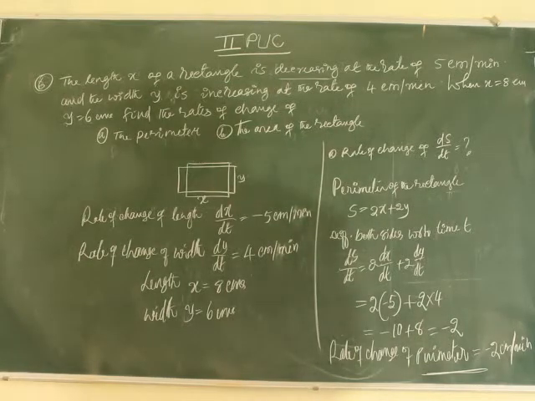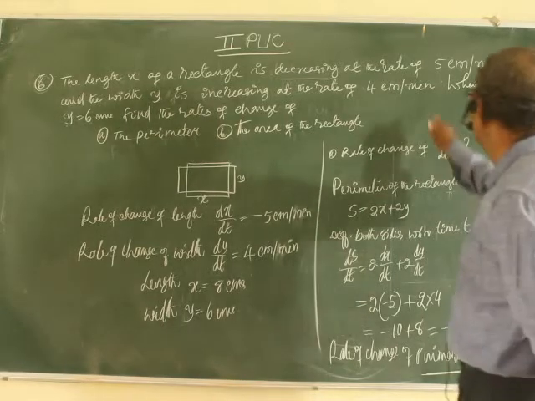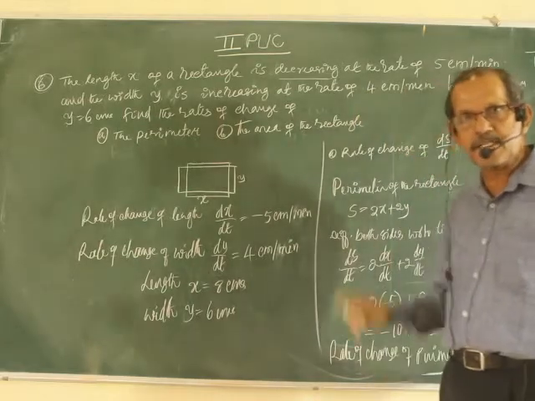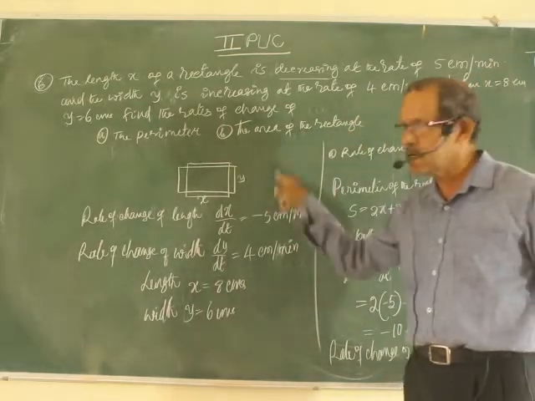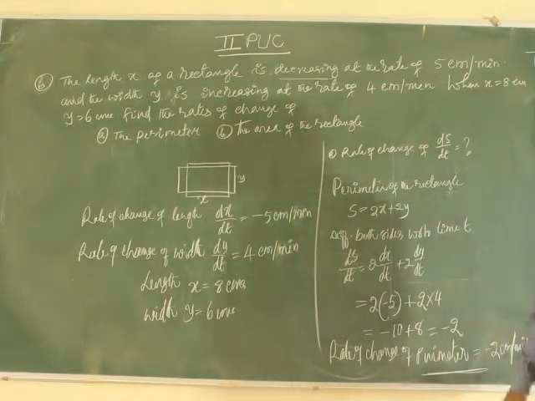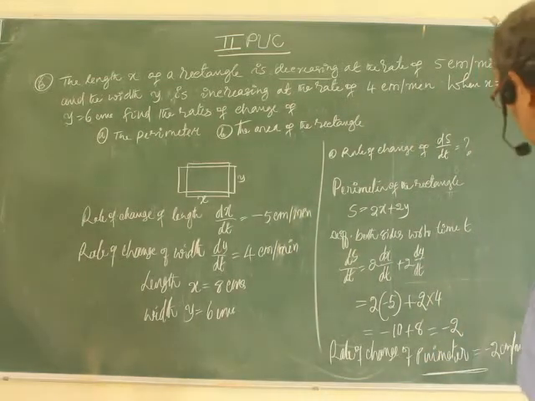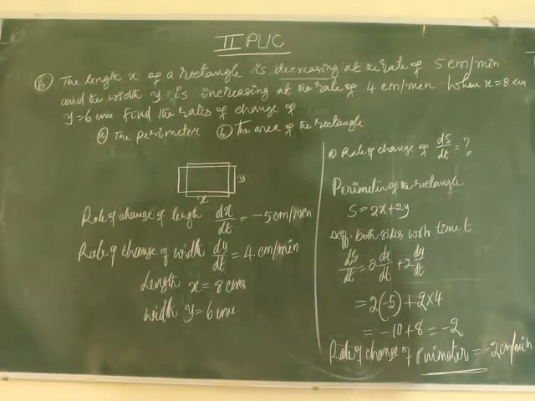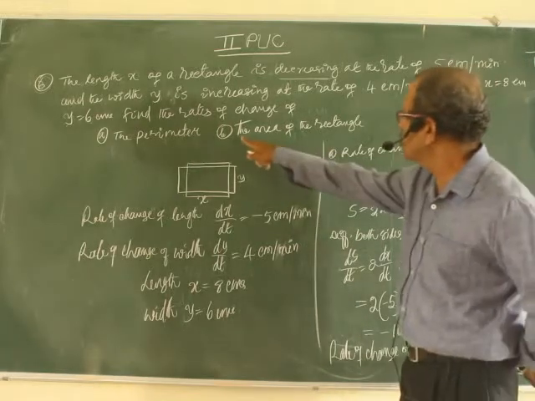As the length decreases and width increases by 5 centimeter per minute and 4 centimeter per minute respectively, then the total perimeter decreases at the rate of minus 2 centimeter per minute. Yes? Again, one more question, no?